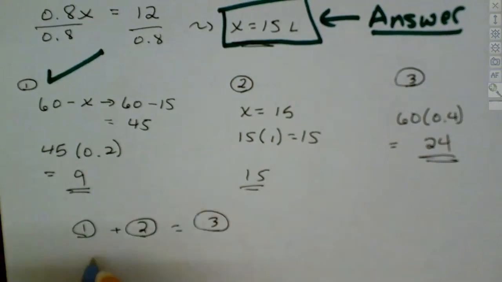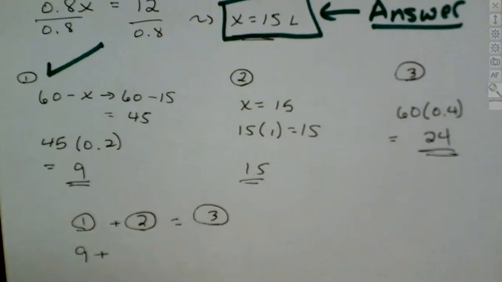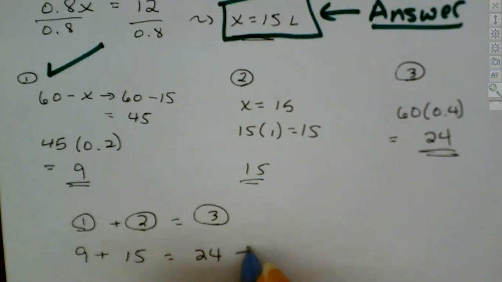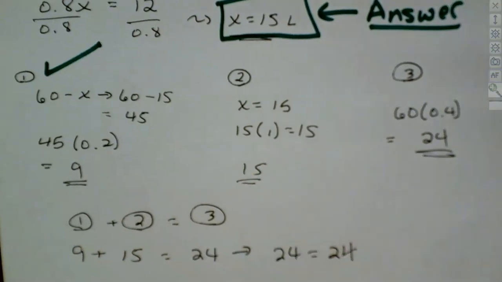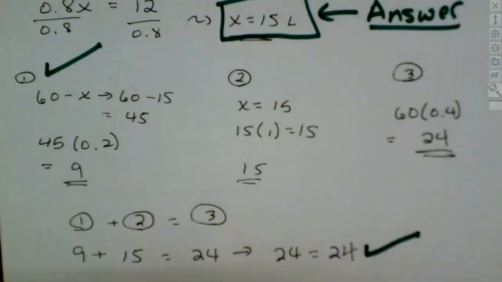Well, does it do that? 9 plus 15, does that equal 24? Yes, 24 equals 24, so we know that we did it correctly. Now, you don't have to check it, but if you want to, you can. Make sure it makes sense. But that's how you would check it. You would add up the pures and make sure it all comes out to be the same.